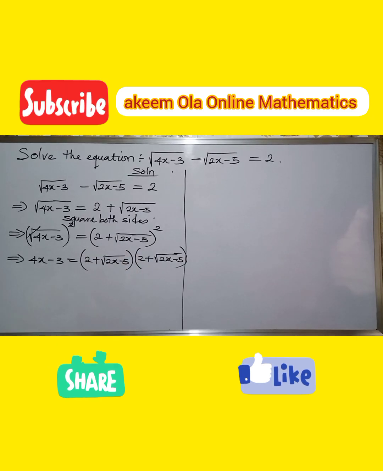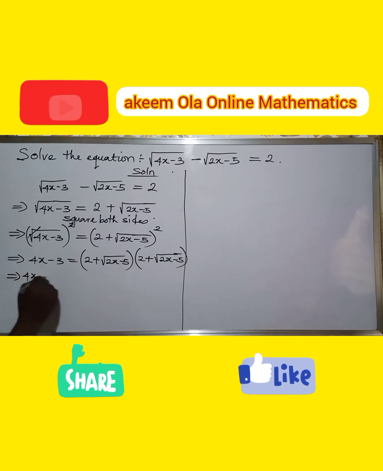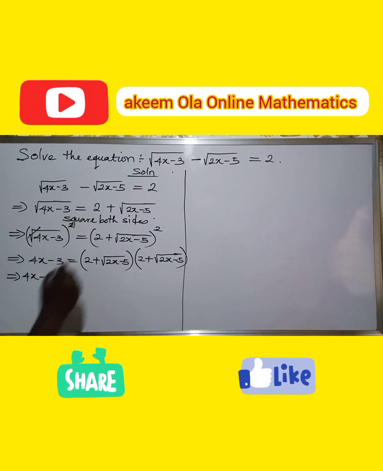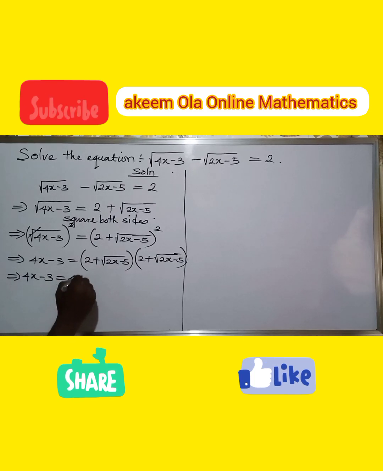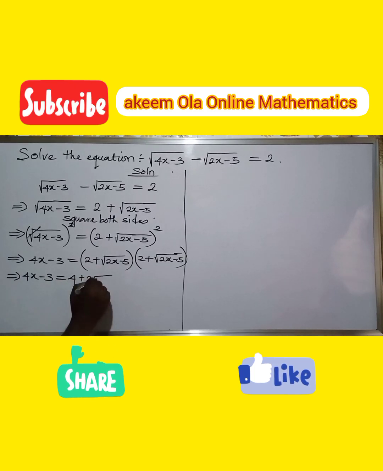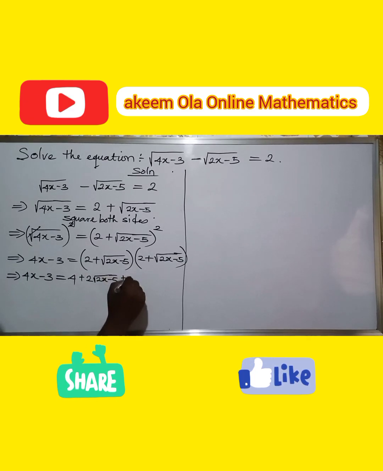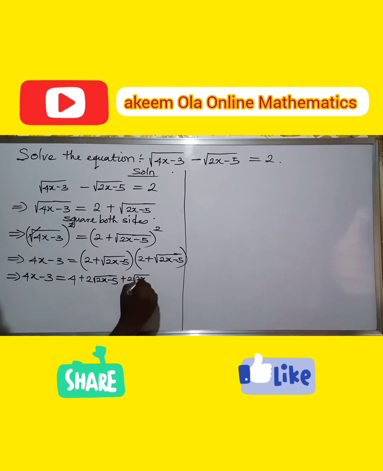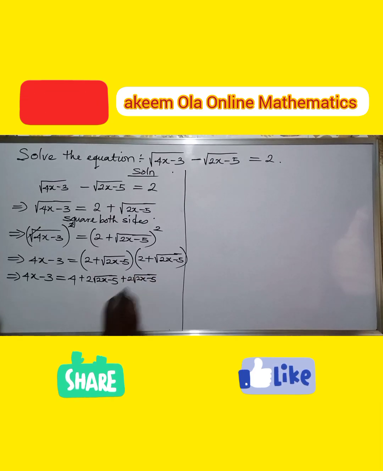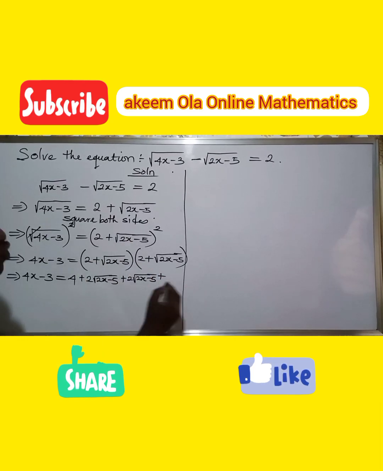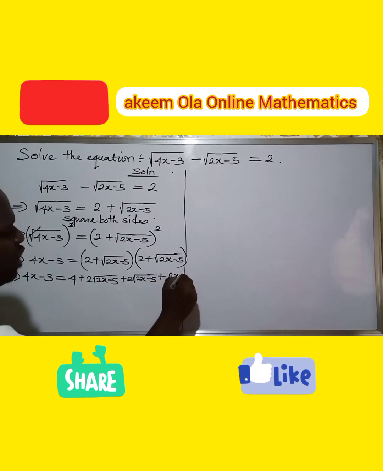Let's multiply this side. If you multiply this side, you will have 4x minus 3 is now equal to, this one will give us 4 plus 2 root 2x minus 5. Then I'm going to multiply with this that we have, plus 2 root 2x minus 5. I have this. Then I can now multiply it twice.